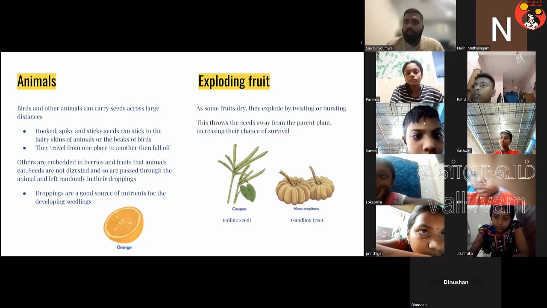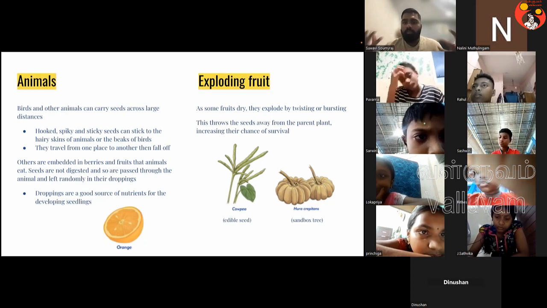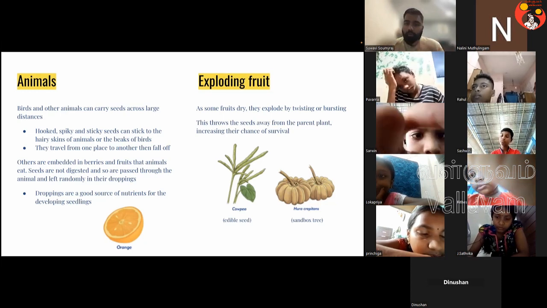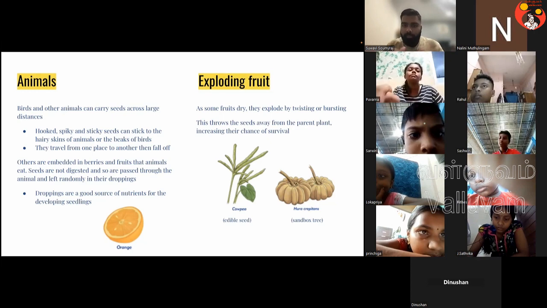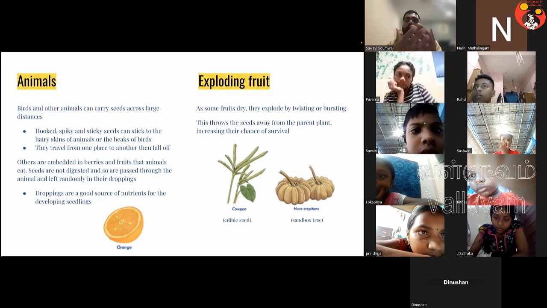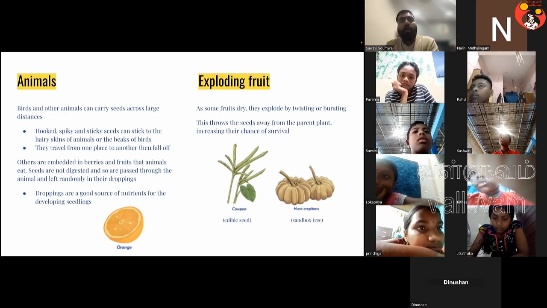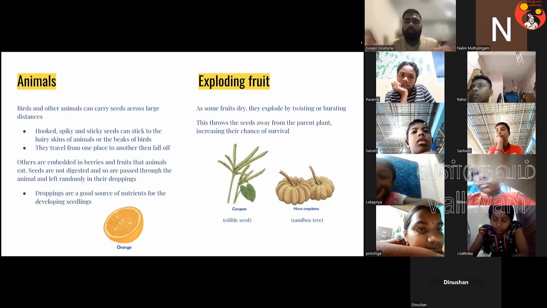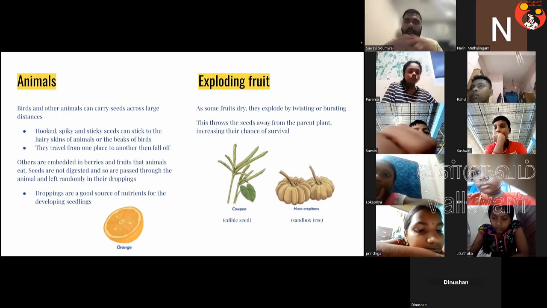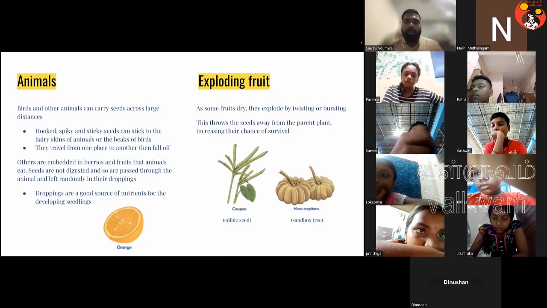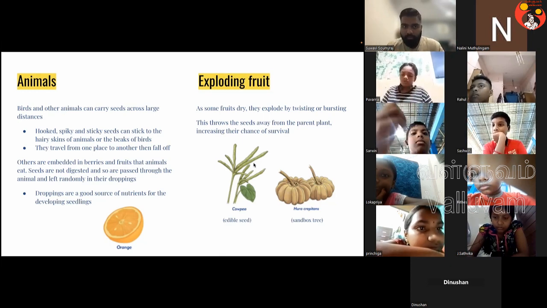What happens when that occurs is, of course, the force of that burst throws the seed away from the initial parent plant and puts it around the environment to help increase their chance of survival. Again, why does that happen? Because the parent plant and the seedlings are not competing for the same resources. If they're split apart a little bit further, they've got their own space and access to their own resources.